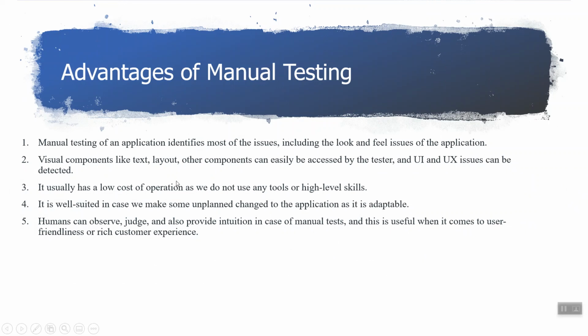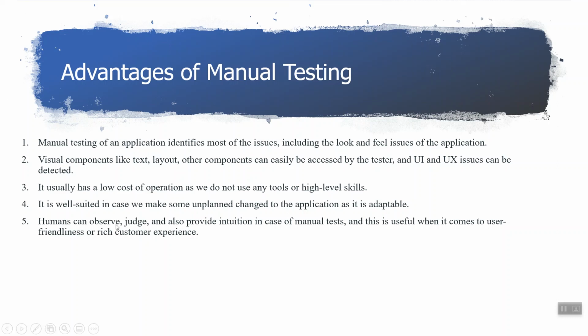Next is advantages of manual testing. Manual testing of an application identifies most of the issues, including the look and feel issues of the application, which is UI testing. Second advantage is that visual components like text, layout, and other components can easily be accessed by the tester, and UI and UX issues can be detected in manual testing. It usually has a low cost of operation as we do not use any tool or high level skill.